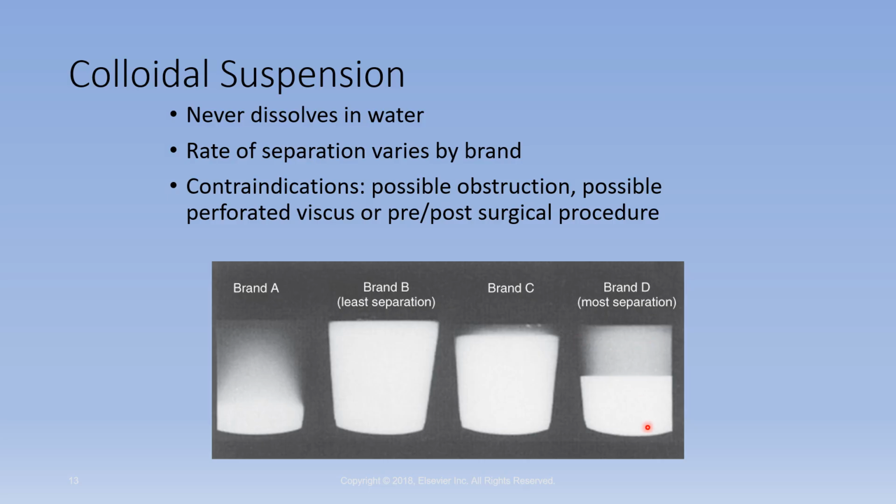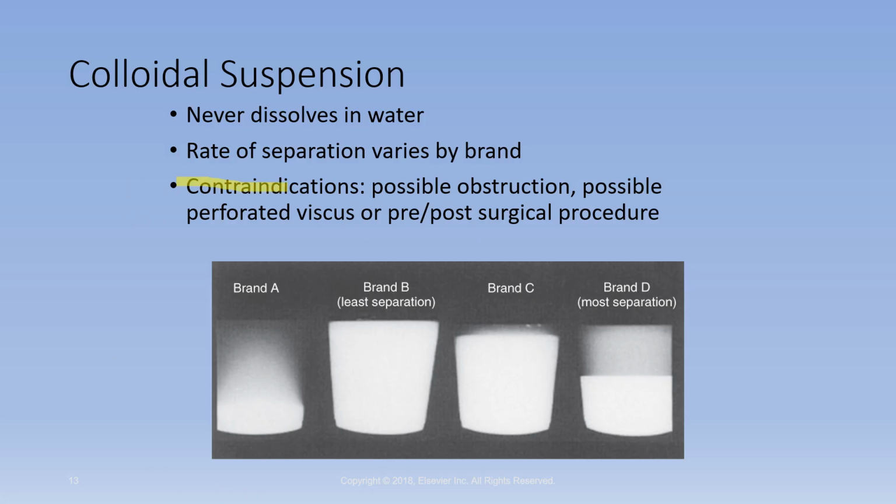So with barium, the same thing happens. You end up with a separation, which is not good if you're trying to do imaging, but this brand tends to show that it stays together longer. But barium is a colloidal suspension, so it will never dissolve in water. The rate of separation definitely varies by brand.